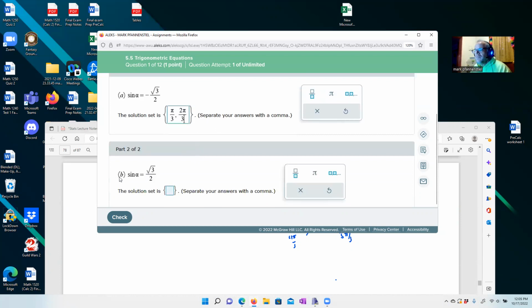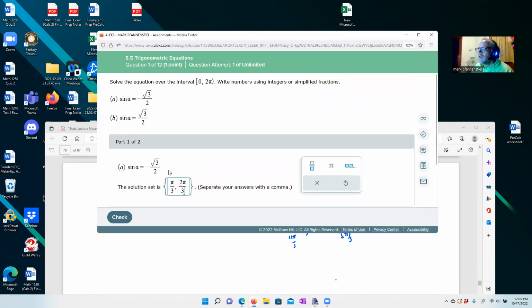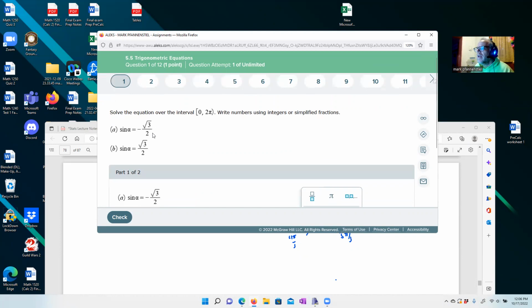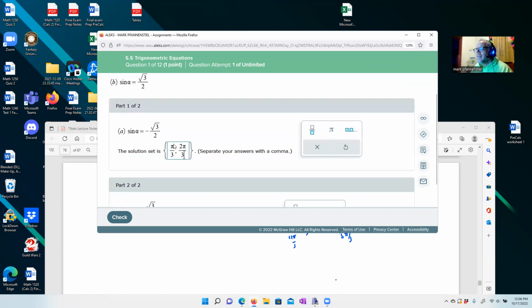Okay, for part B, oh, wait, part A is the negative one. I'm sorry. So no, it's actually going to be wrong. It's not going to be 2 pi. It's going to be 4 pi over 3 and 5 pi over 3.